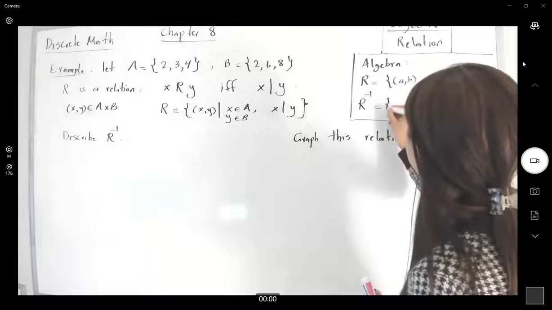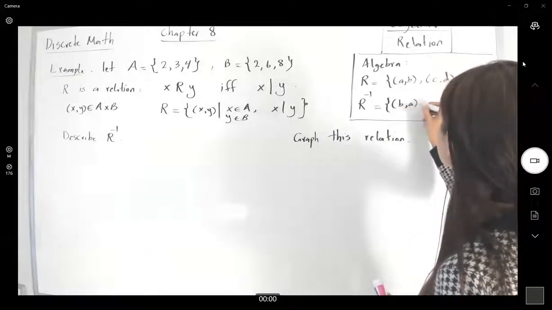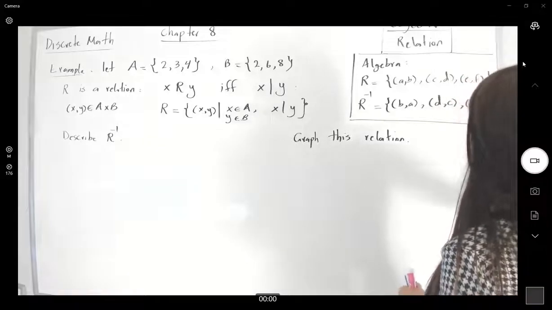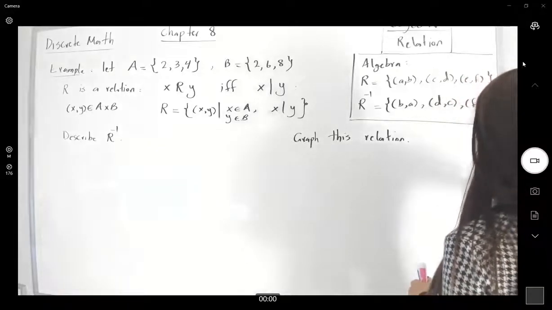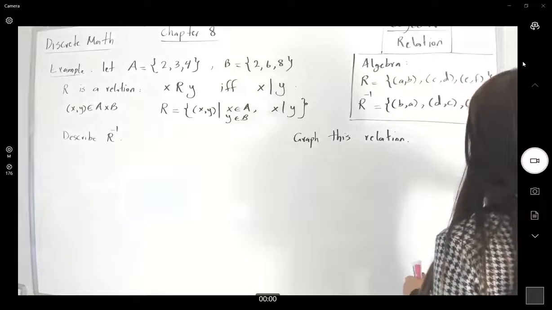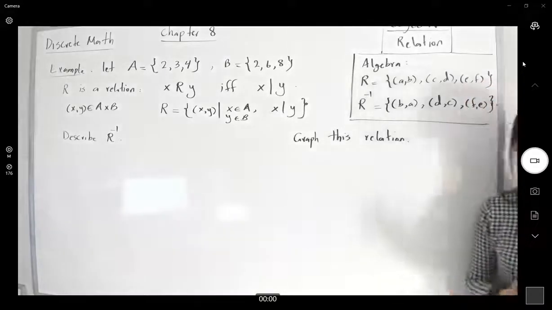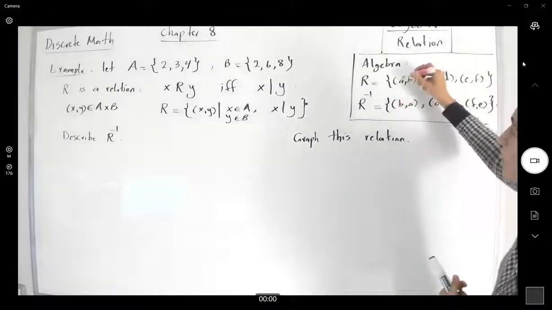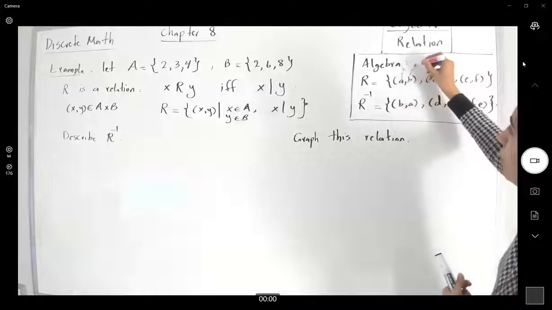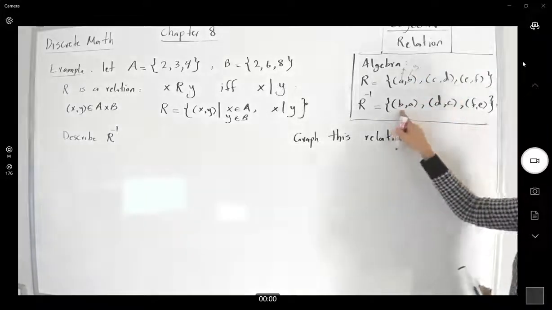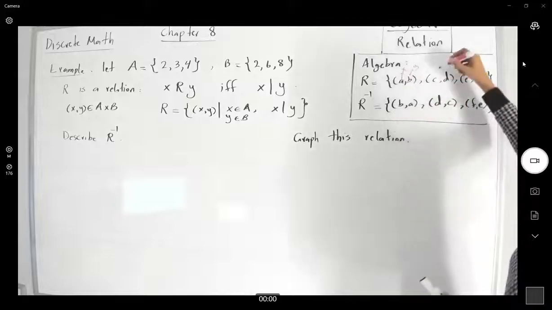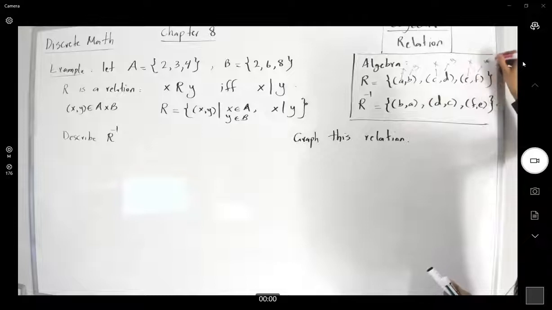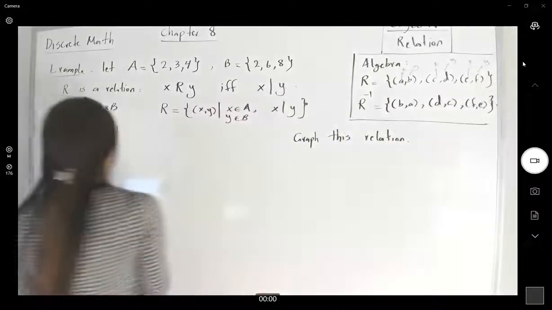So it's going to be equal to BA, DC, FE. That's how we define the inverse of a relation by switching X and Y's. In AB, A is your X, B is your Y. Now B is your X, A is your Y, and you continue this process. You're flipping X and Y's.